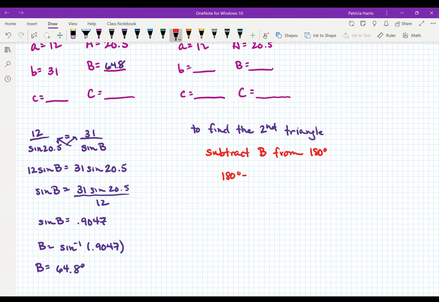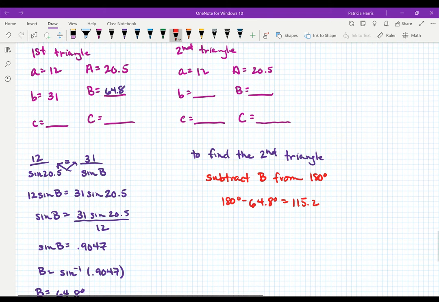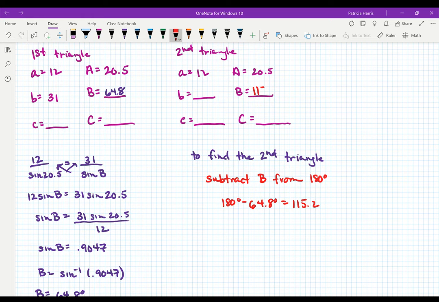So your second possible triangle is 115.2.